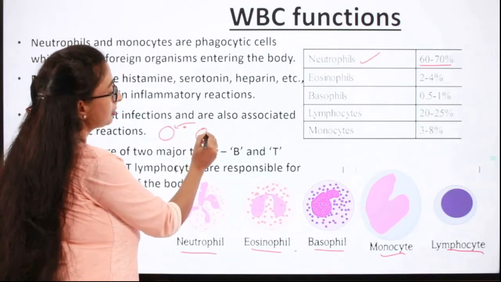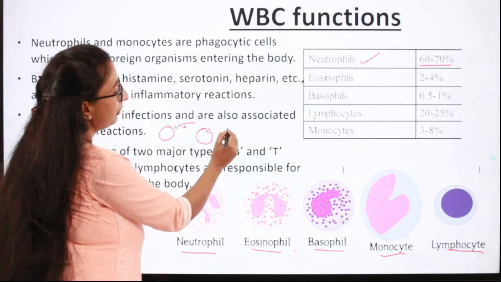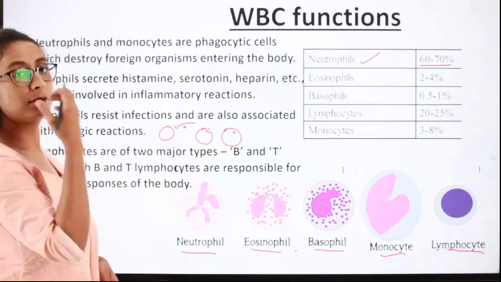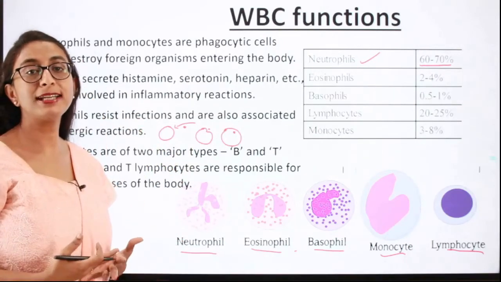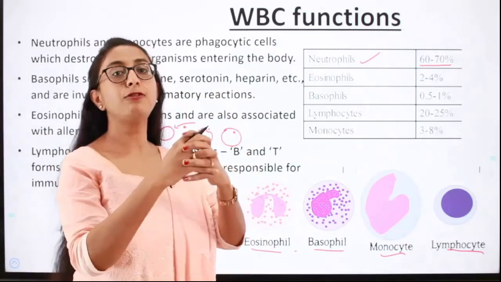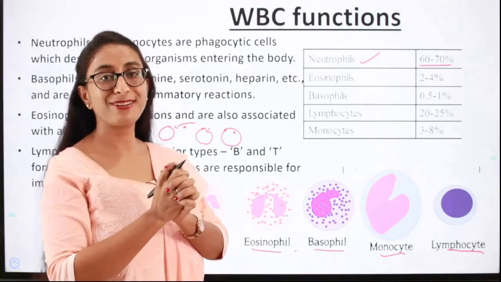It will be engulfed by the phagocytic action and it will be destroyed inside the cell. This is what we call phagocytosis, that is engulfing or capturing, trapping the foreign body and destroying it within the cell. You understand what is phagocytosis, right?